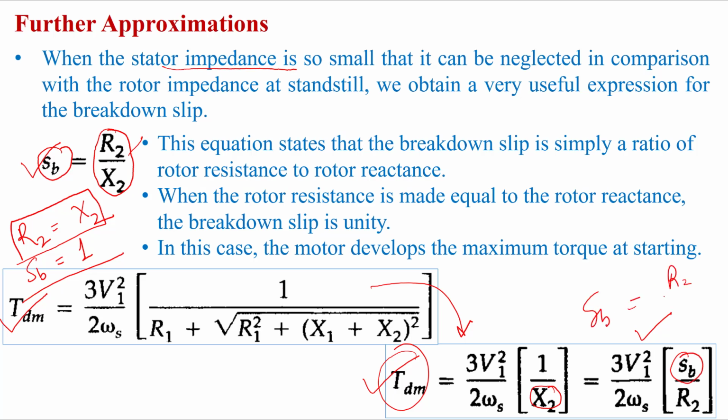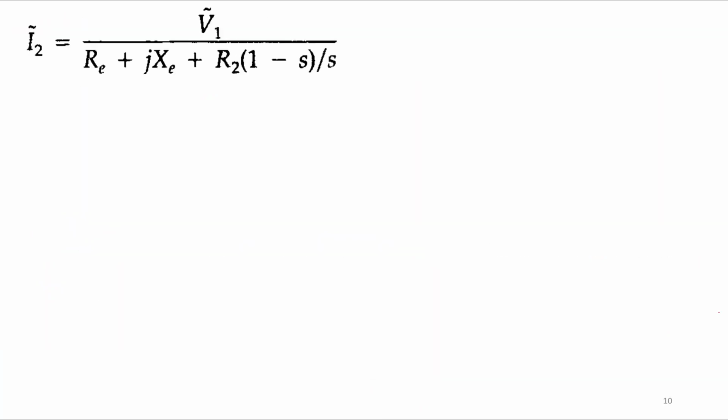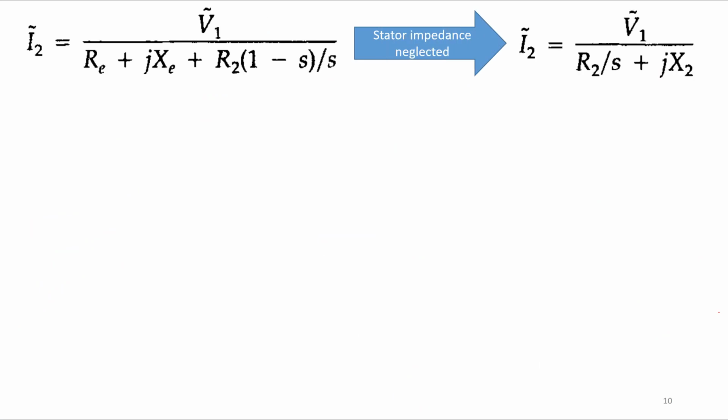is R2 by X2. Now your current expression, if I neglect the starter impedance, I will find this expression: I2 is equal to V1 by (R2 by S plus jX2). Now if I find the expression for developed torque by neglecting the starter impedance, I will find 3 I2 square R2 by S over omega s.